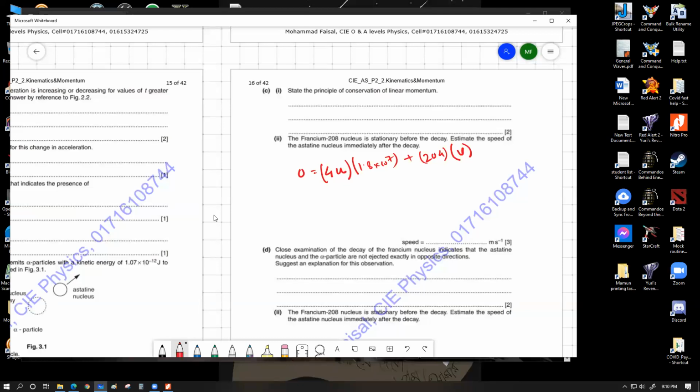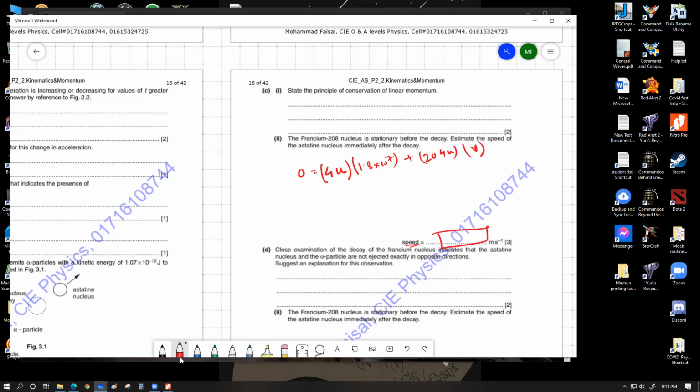But finally, when you write the speed, just write the magnitude, because they asked for the speed, not the direction. So that's okay. Here I should have written u after 204, I forgot to write the u, my bad. Might as well rub this off a little bit. 204 u multiplied by the speed that we are trying to calculate.